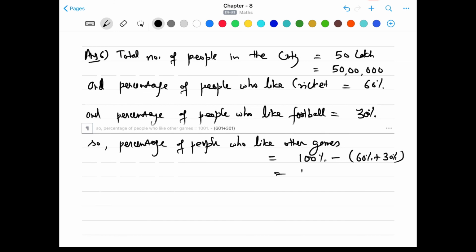So this will be 100% minus 90%, so that is 10%.